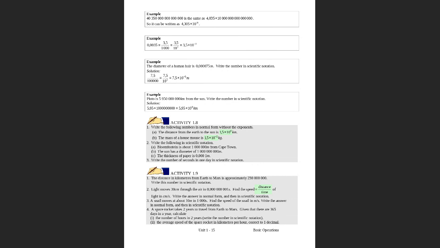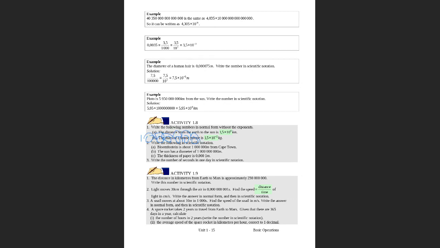It's going to be 1, 0, 0, 0, 0, 0, 0. So the comma is here. So we go 1, 2, 3, 4, 5, 6.